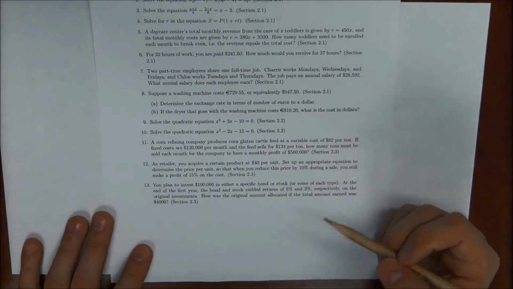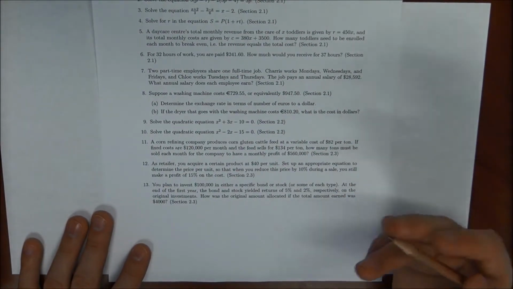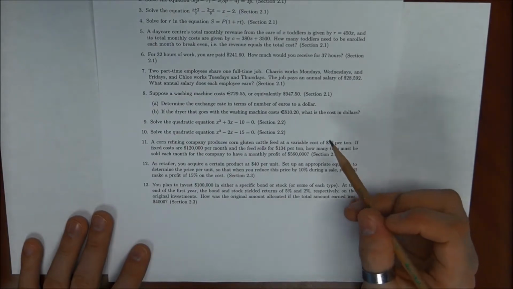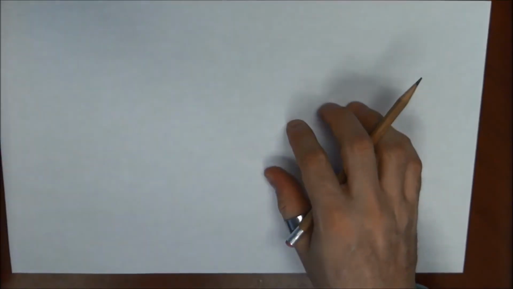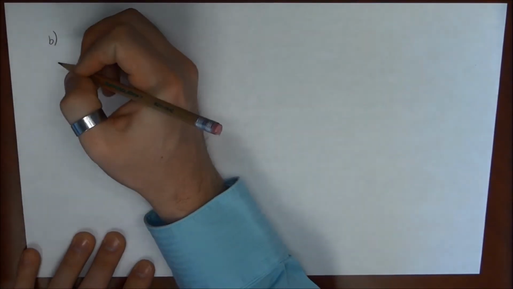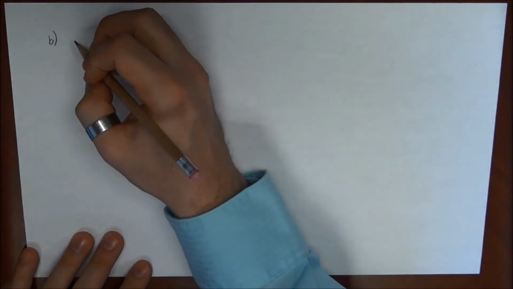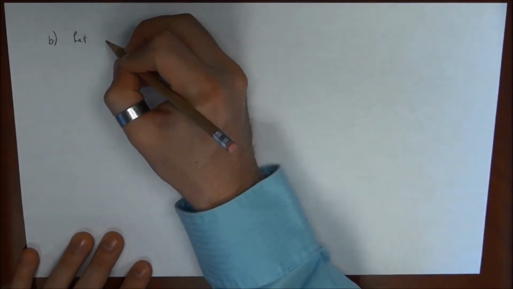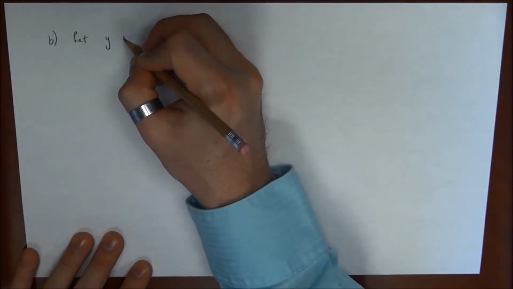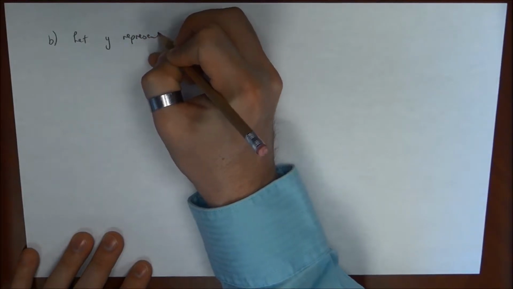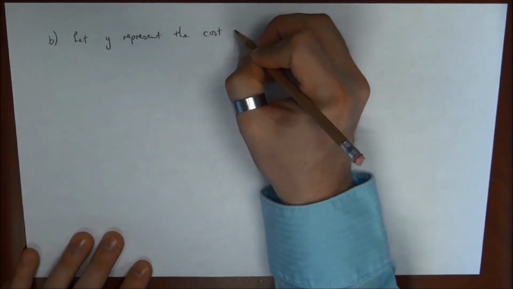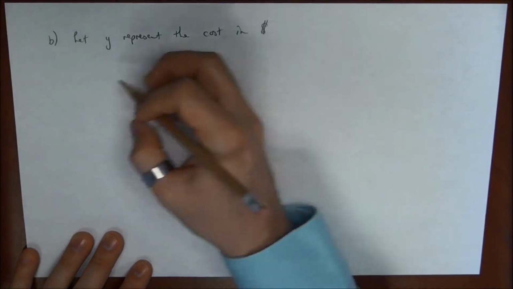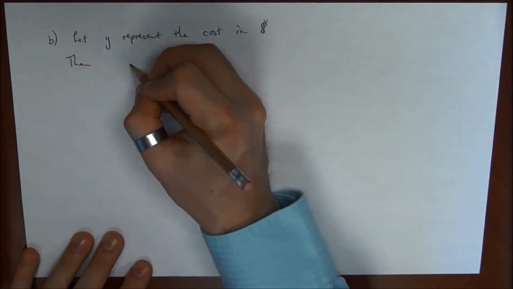Now, just in case my A answer is wrong in a test situation and you're not sure, I can use the original pieces of information to calculate that. So it's not dependent on my answer in A. So let's say Y represents the cost in dollars.